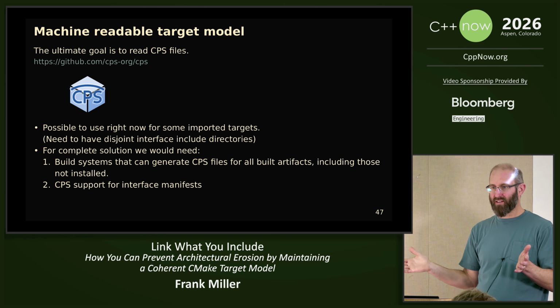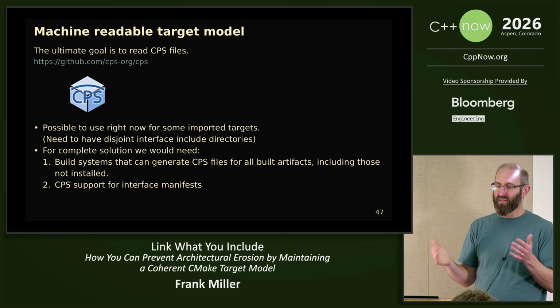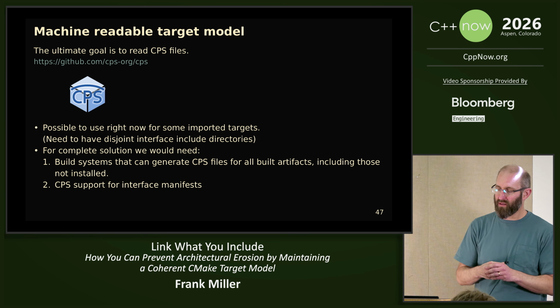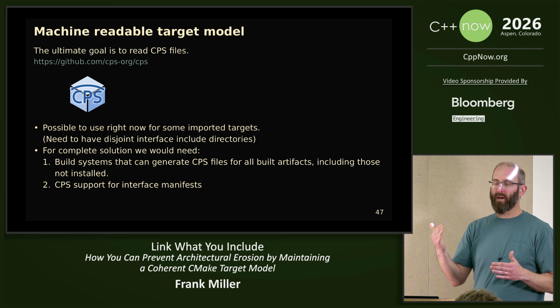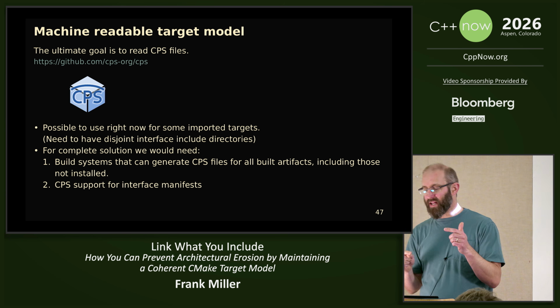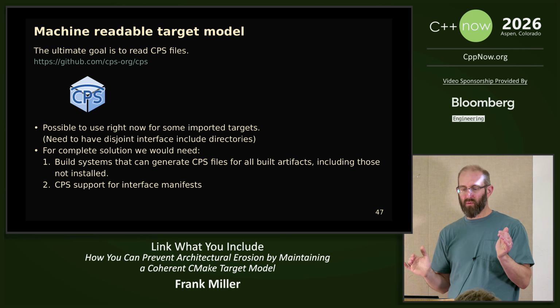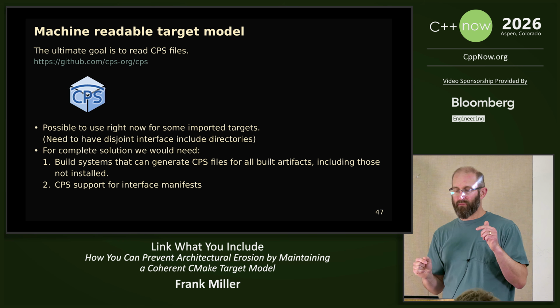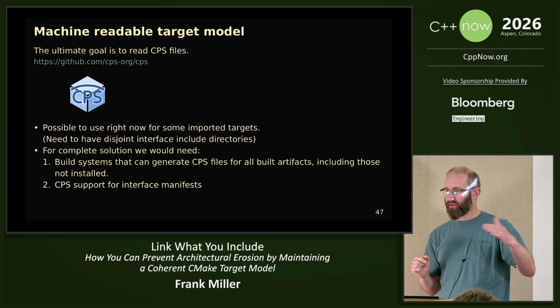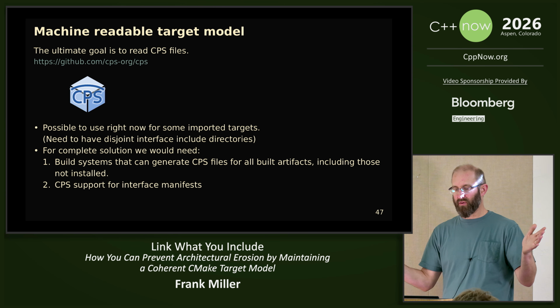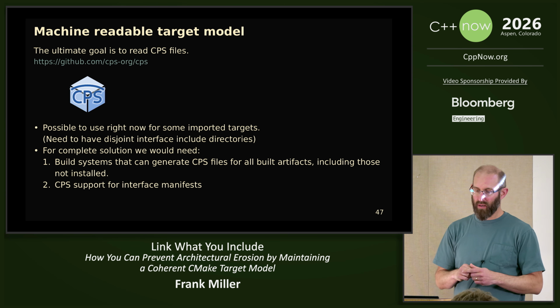And that's like the target model, right? And so ultimately I want to be able to just read this. That's my machine-readable target model. It's not quite there yet. It's possible to use now, theoretically for some things, but the requirement would be that the interface include directories for everything that's described by CPS have to be disjoint directories. I'm going to talk more about that later.